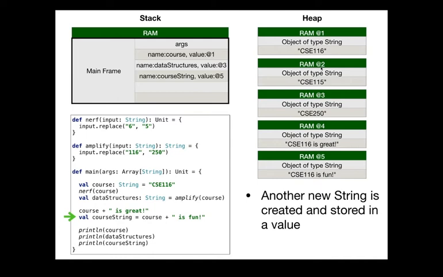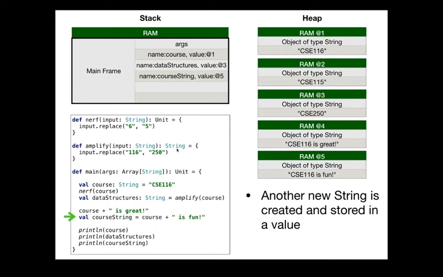Since we don't have that reference anywhere, we actually lose this completely. We can't access this string anymore, and we can't access this string anymore. Once this one was created right here, since we don't do anything with the reference, we have no way of accessing it ever again. We completely lose that. And that's where the garbage collection can come in.